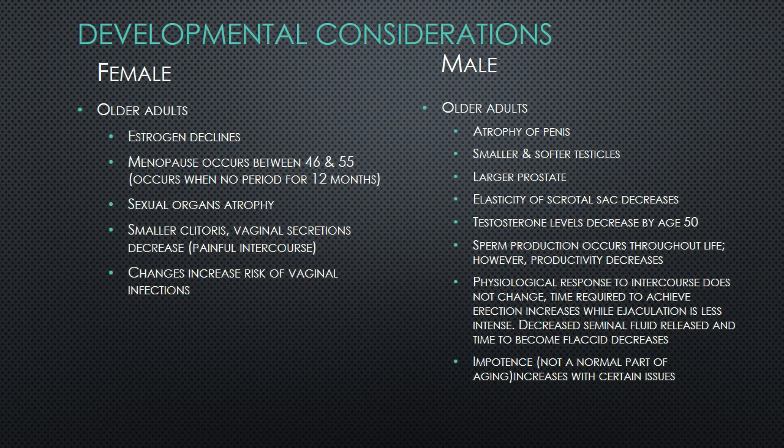So if a man complains of impotence, it's probably because there is something else to blame, such as cardiovascular issues or diabetes. Trying to get that through to a younger male is very hard, though, to make them understand that later in life, if they do certain things, they will be paying the repercussions of those things.